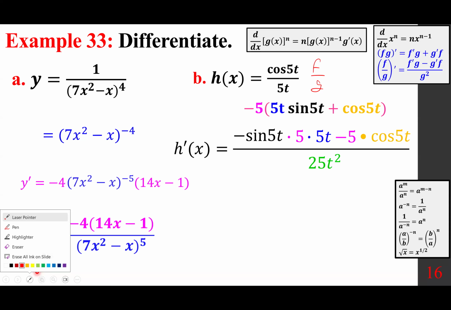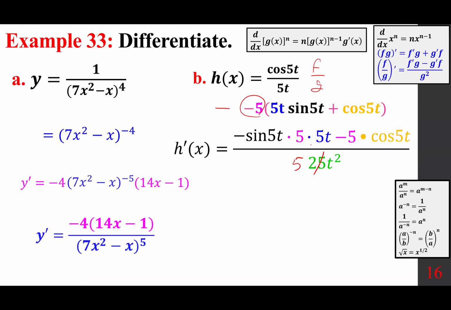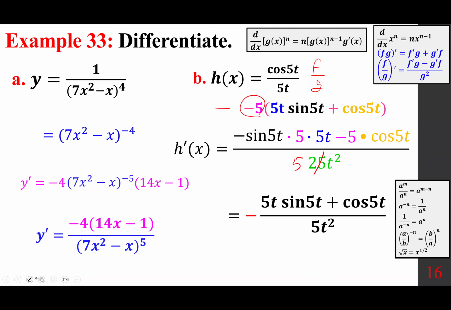And this negative 5 just becomes negative. This 25 becomes 5. Now you can put the negative in front of a fraction bar and say what is left, 5t sine 5t plus cosine 5t in the numerator, 5t squared at the bottom. And this is the final answer, everybody.